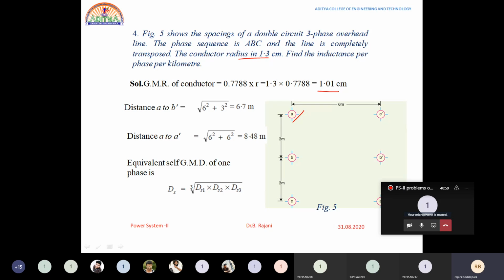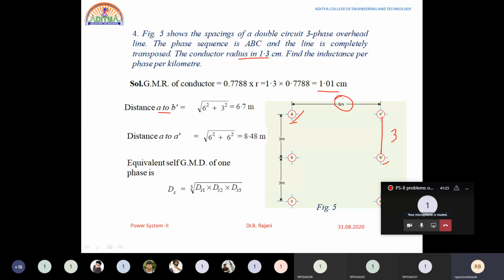Now how to find the distance from A to B dash? A is here and B dash is over here. The distance from here to here is 3 meters, and from this to here it is 6 meters, as given in the data.